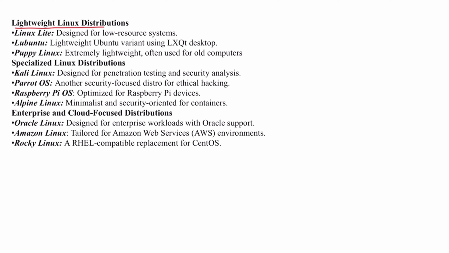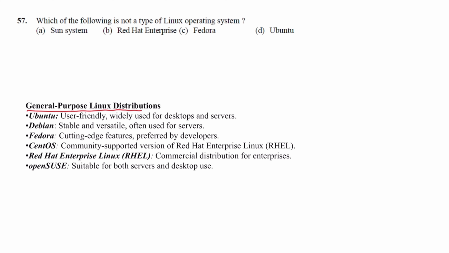Specialized distributions are Kali Linux, Parrot OS, Raspberry Pi OS, Alpine Linux. Enterprise and cloud focused Linux distributions are Oracle Linux, Amazon Linux and Rocky Linux. Red Hat Enterprise, Fedora, Ubuntu are Linux operating systems, but Sun system is not a Linux operating system. Correct option is A.